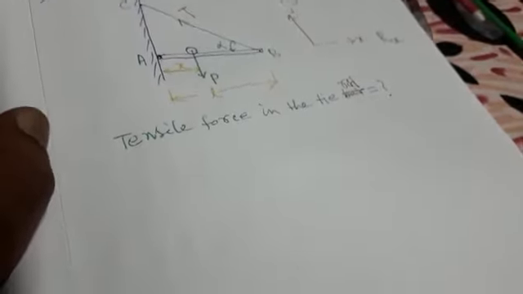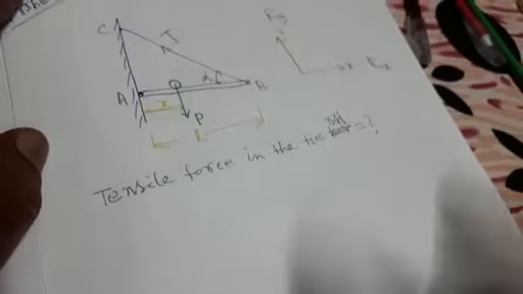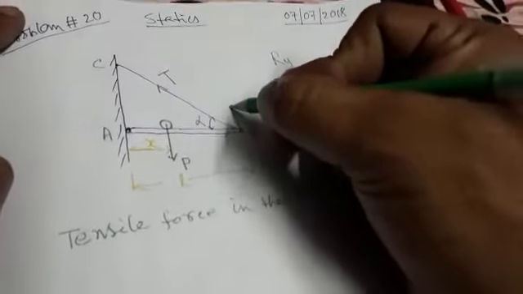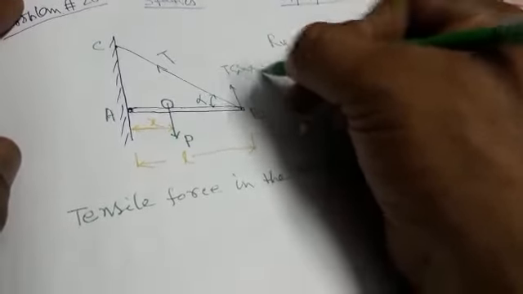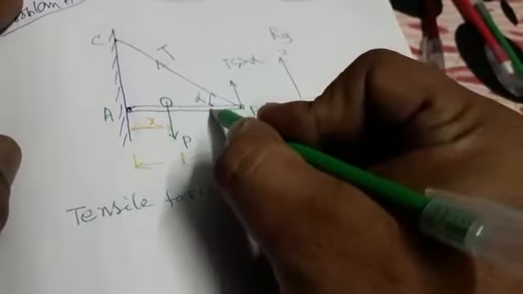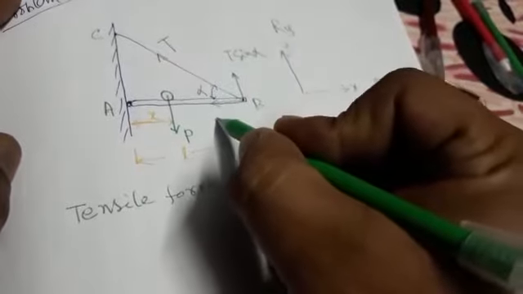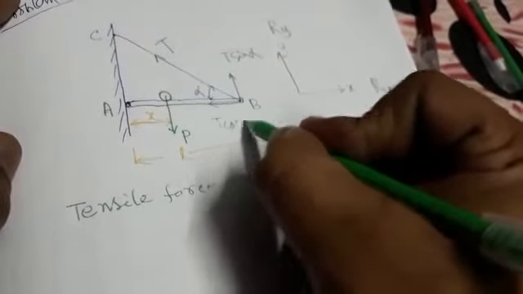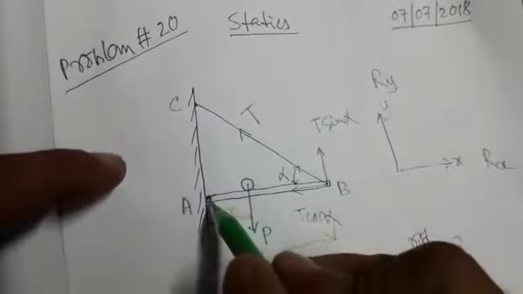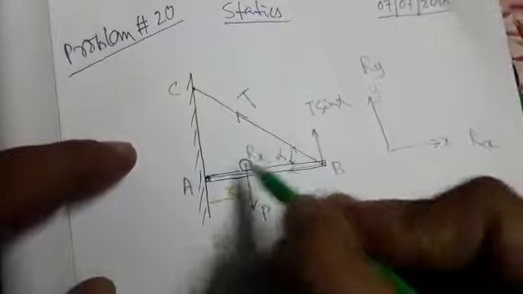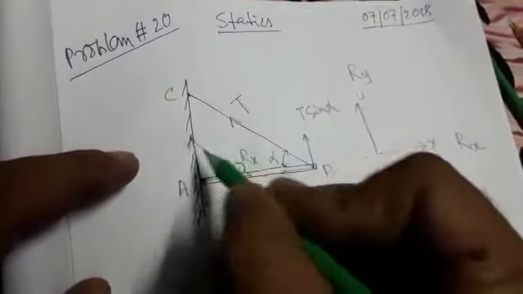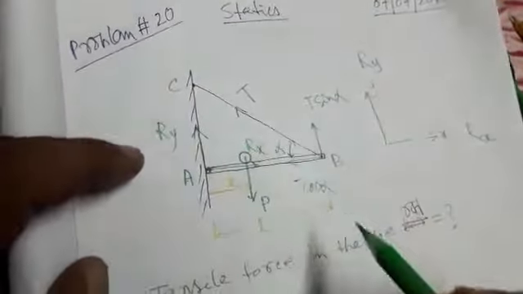So I am showing here T sin alpha, and along the prismatic bar, T cos alpha. And this is Rx, and along this vertical wall, this is Ry.